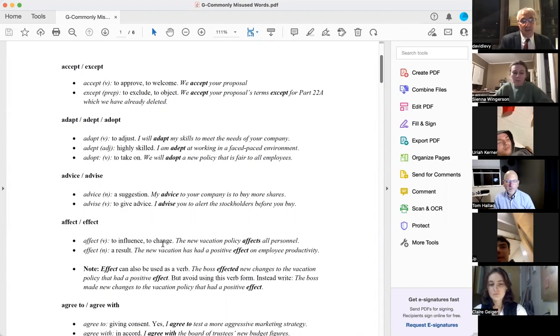It is a thing. An effect is a thing. Like the new vacation has had a positive effect on employee productivity. So that's really the big difference. Affect is a verb, and effect with an E is treated as a noun. A thing.